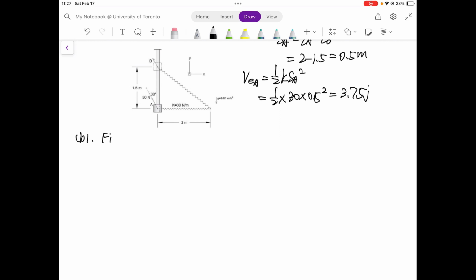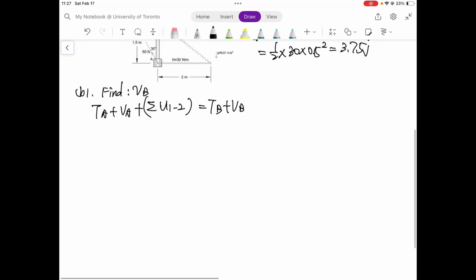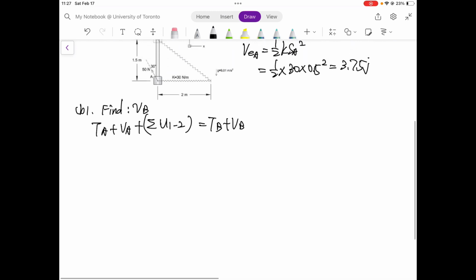Also, we need to find the velocity of the collar at point B, which is VB. So TA plus VA plus the work done by the external force is equal to TB plus VB. The collar starts at rest, so TA is equal to 0.